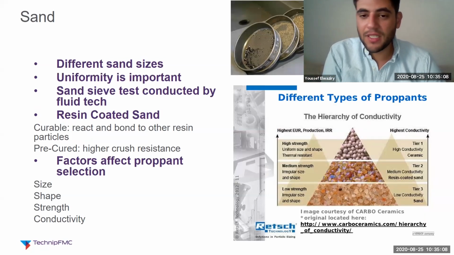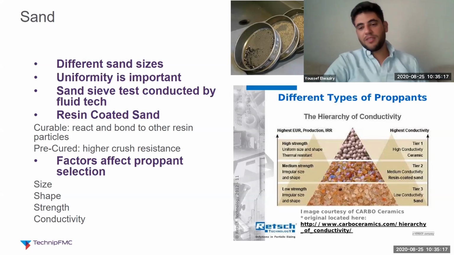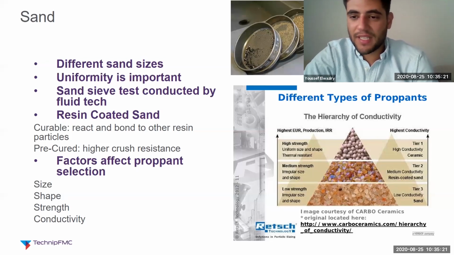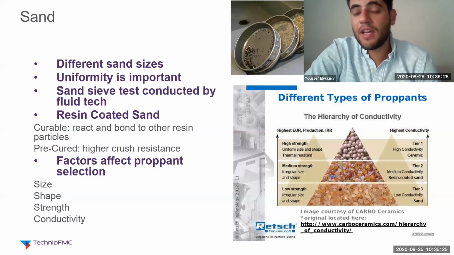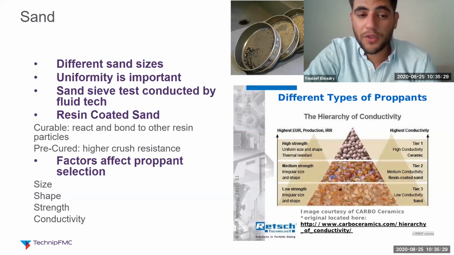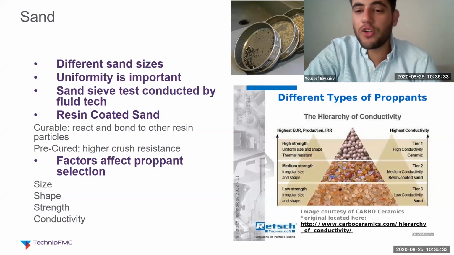It's man-made, it has irregular size and shape, and it's used to create medium conductivity. Basically, it's sand that is coated with some kind of material to withstand a higher crush pressure. So it's basically a stronger type of sand.